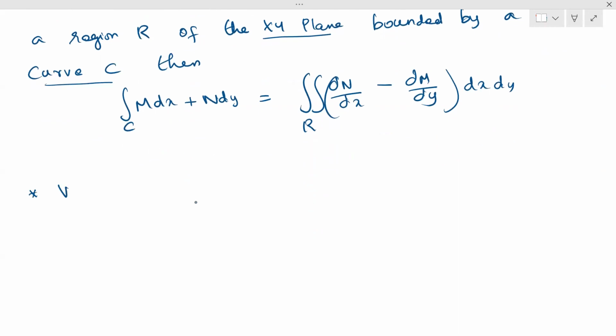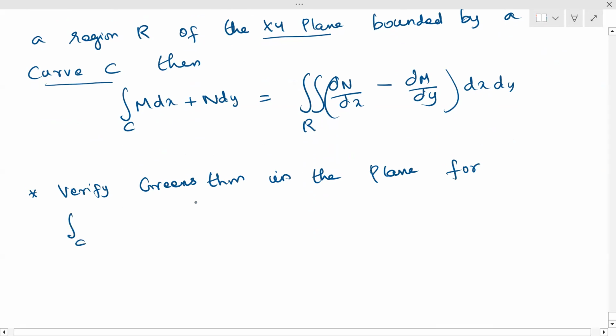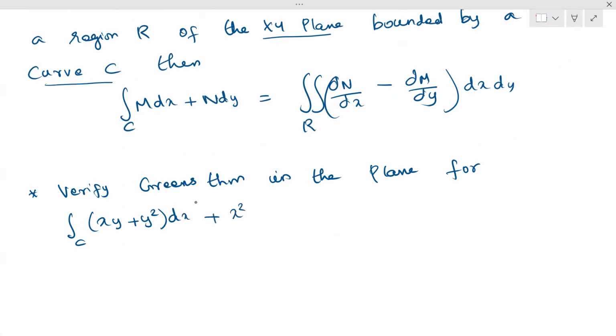So the first problem, verify Green's theorem in the plane for the integral over C, where C is the closed curve.